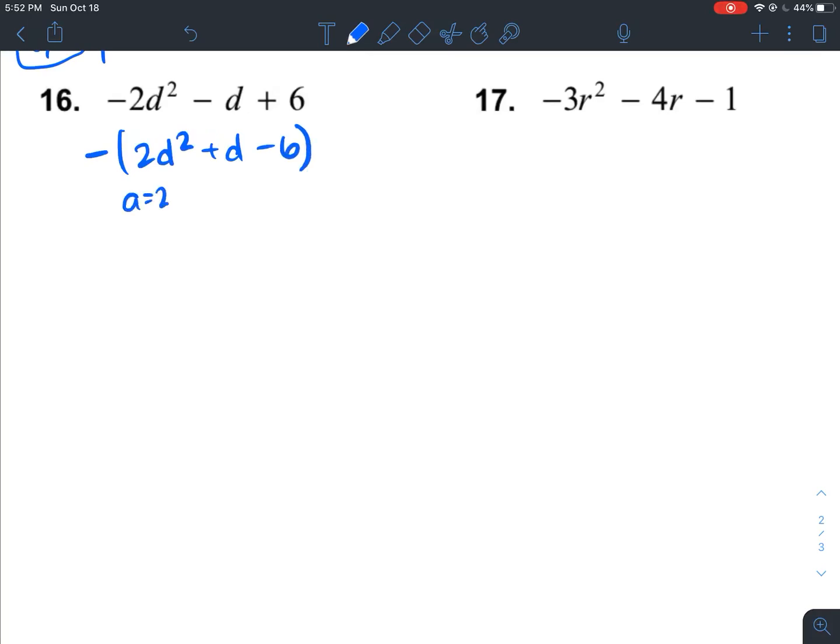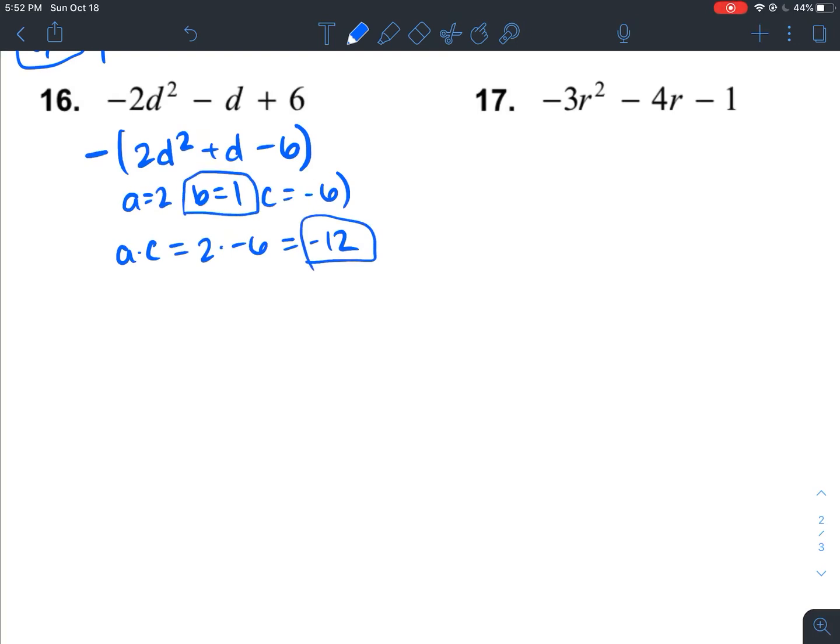A is equal to 2, b is equal to 1, c is equal to negative 6. A times c is equal to 2 times negative 6, which is equal to negative 12. So two numbers that multiply to be negative 12 and add to be 1.